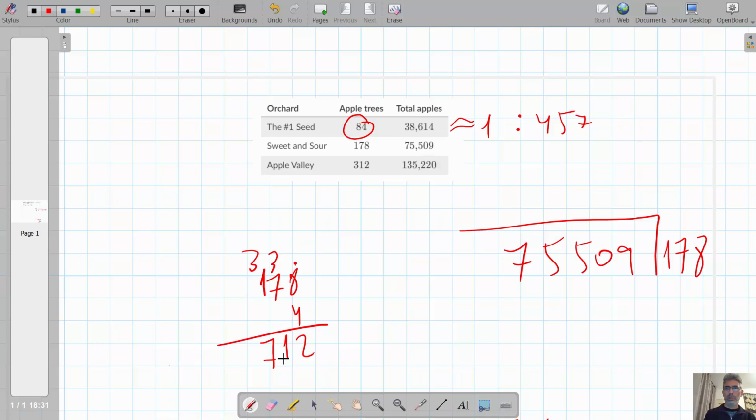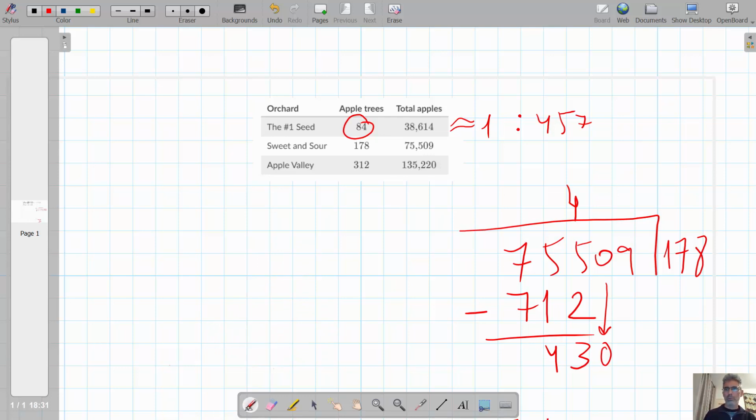So, yes. Okay, so 4 times 178 is 712. 5 minus 2 is 3. 5 minus 1 is 4. Bring down the 0.